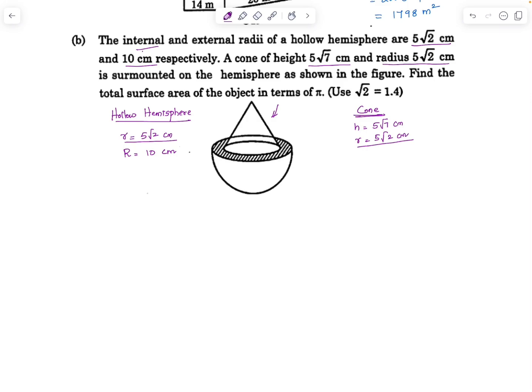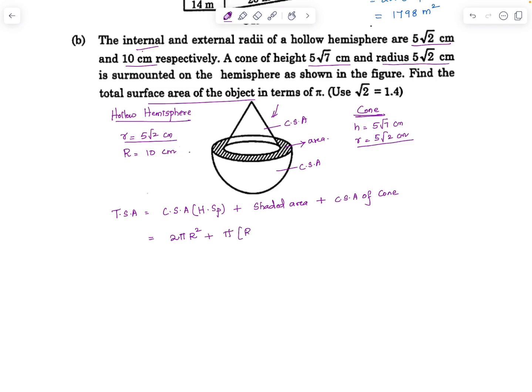We have to find out the TSA of the object. TSA includes the CSA of cone, the CSA of this hemisphere, and the area of the shaded region. The formula to get the CSA of hemisphere is 2 pi capital R square, plus the area of the shaded region is pi times capital R square minus small r square, plus for the cone is pi RL.